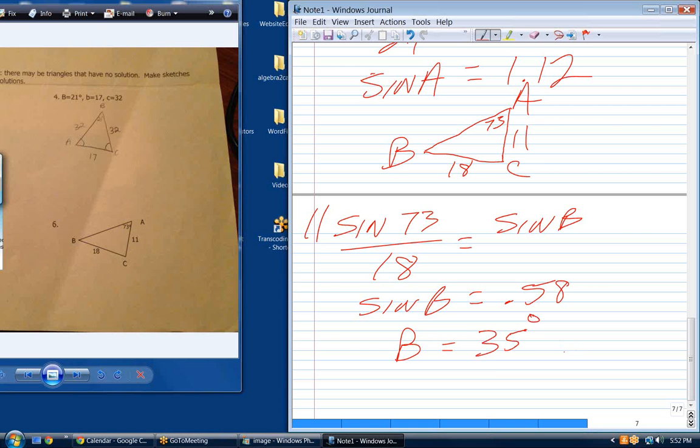And then notice that 145 added to 73 is way over 180. So we don't have an ambiguous triangle.